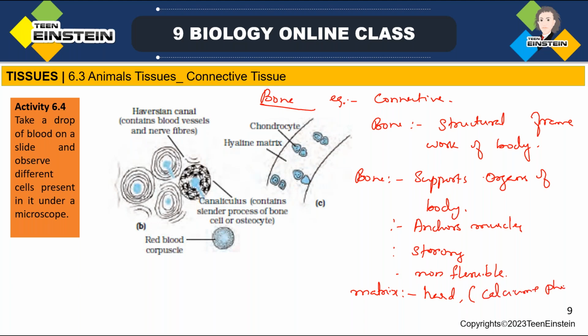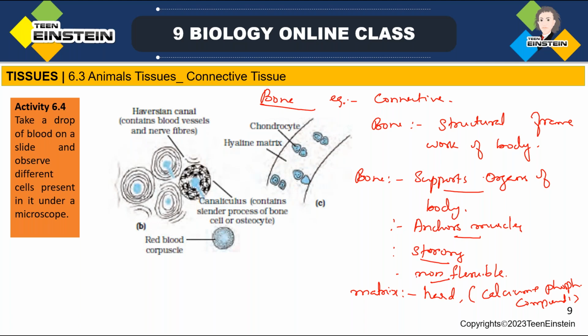Calcium plus phosphorus compounds. Bone is another example of connective tissue, and it forms the structural framework of the body. It anchors muscles and supports organs of the body. It is non-flexible and very strong.